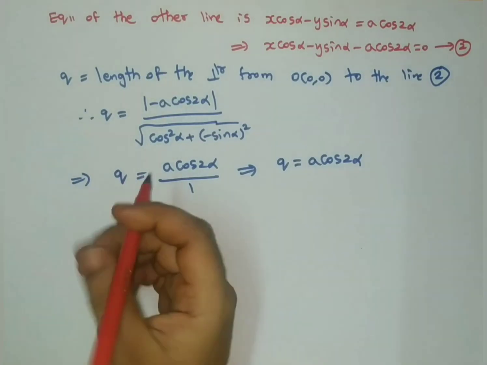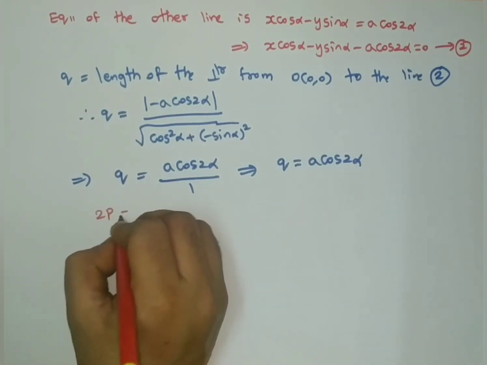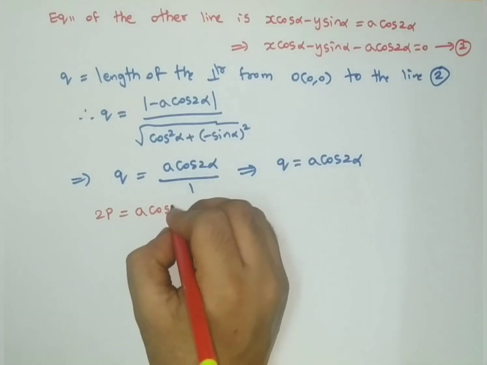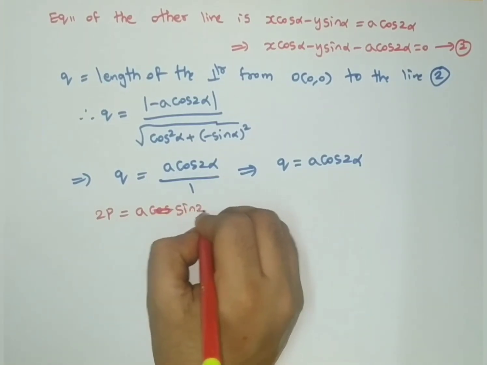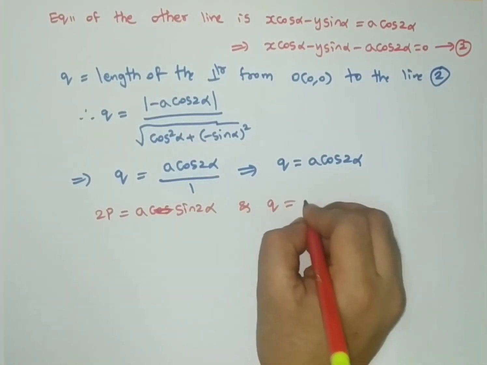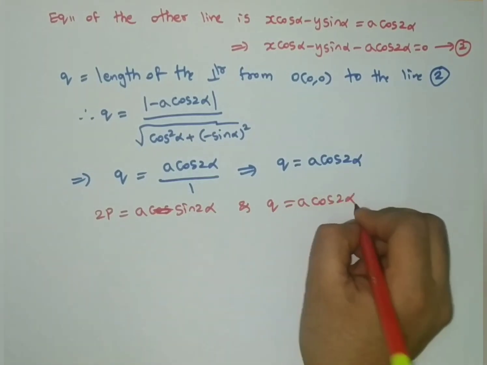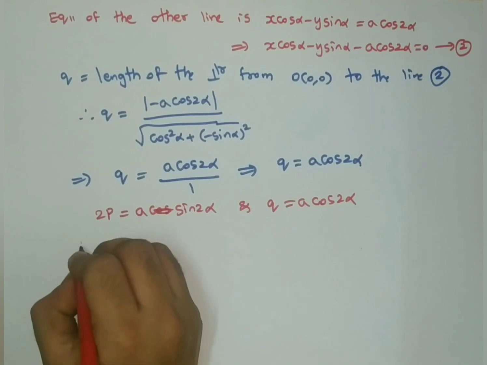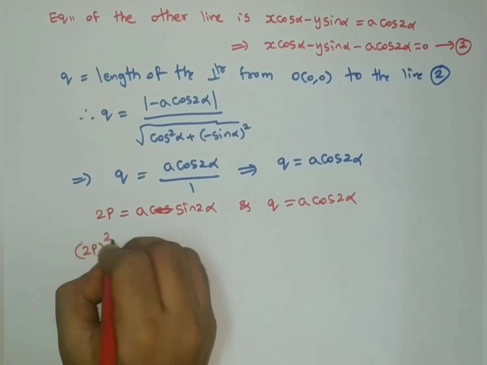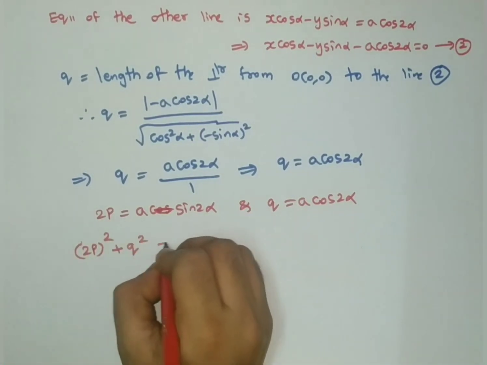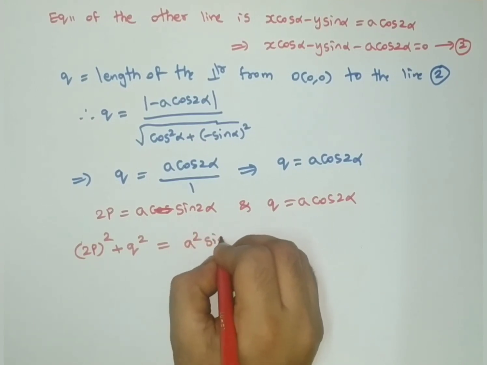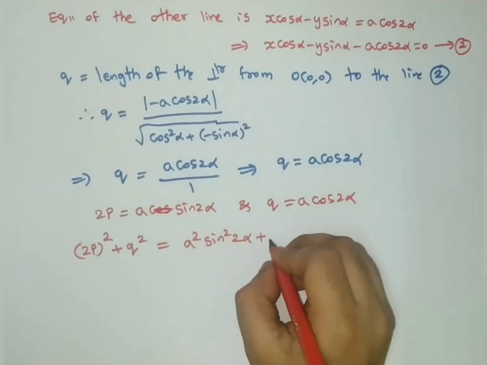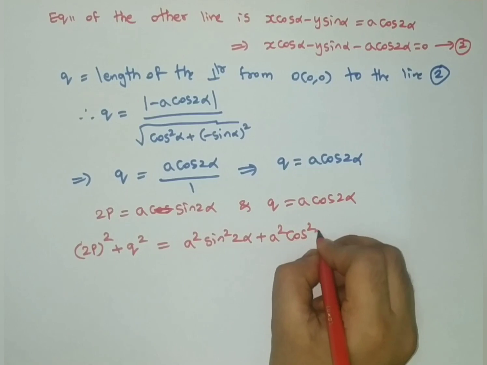Now from the equations we got the p value and q value. So we got 2p is equal to a sin 2 alpha and q is equal to a cos 2 alpha. Squaring both and adding these two conditions, what we will get? 2p whole square plus q square is equal to a square sin square 2 alpha plus a square cos square 2 alpha.